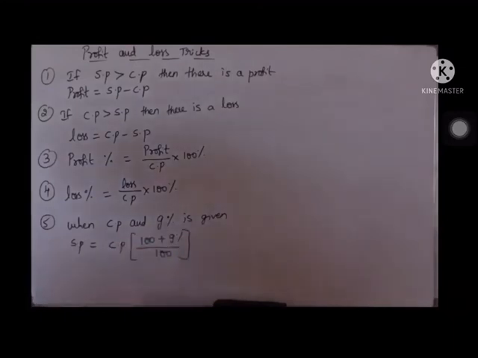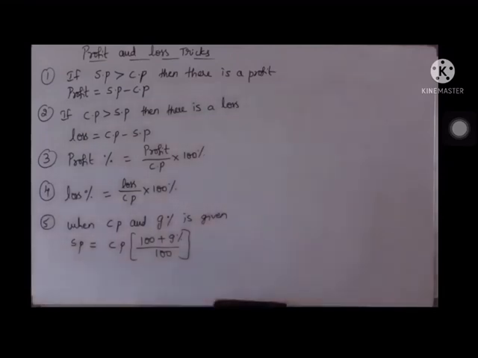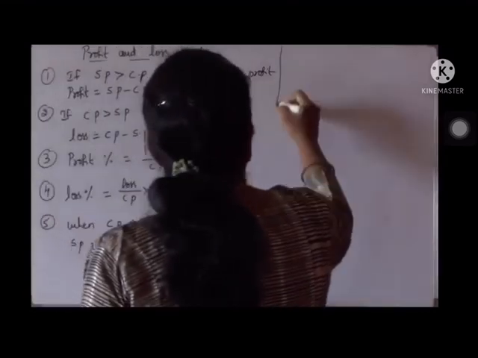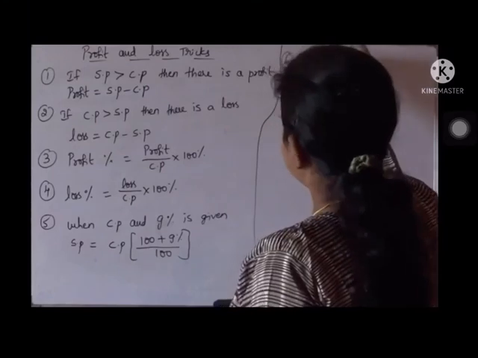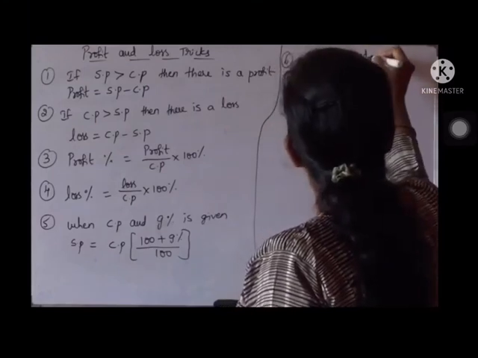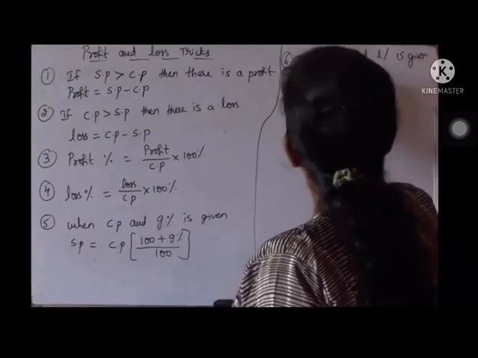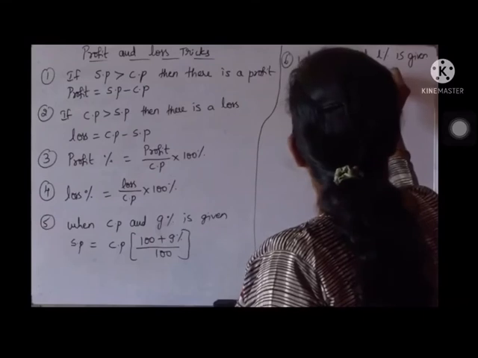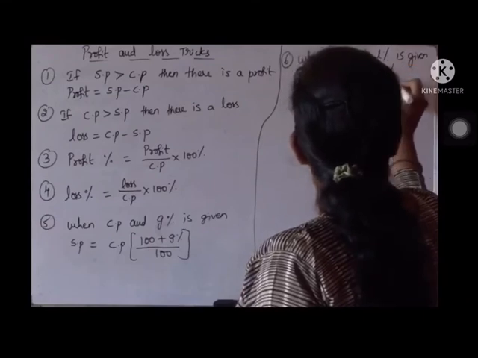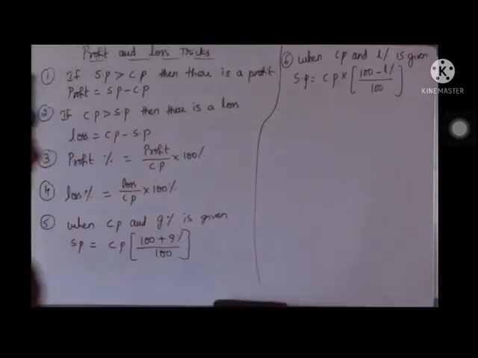This is the formula for the SP when CP and gain percentage are given. And the next formula, sixth one, when CP and loss percentage are given, how to find SP? Same, CP into 100 minus loss percentage by 100.